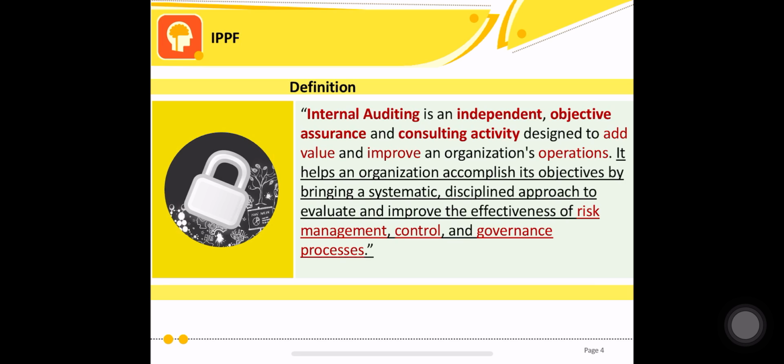And then the first video that we had for the control is the internal control system. We have defined control. We have learned different types of framework that are acceptable globally, and we focused on the COSO framework. So we will proceed on that.